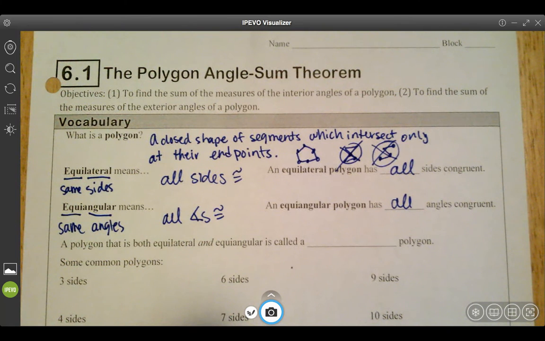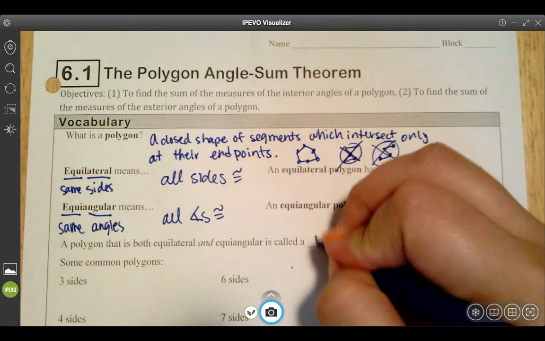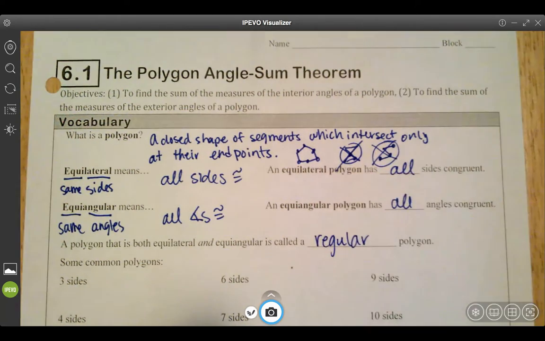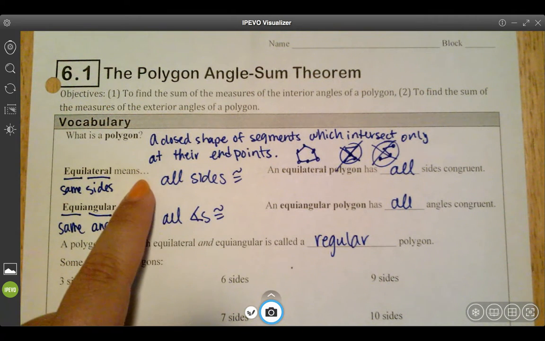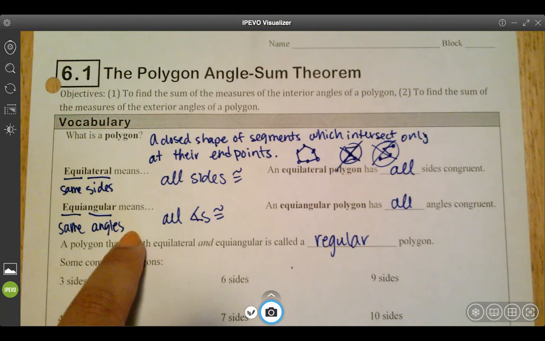That is not the case for polygons with more than 3 sides. But if it is both equilateral and equiangular, then we say that it is a regular polygon. So if I have a 4-sided figure where the sides are all congruent, that would be equilateral. That does not mean that it is also equiangular. If I have a 4-sided figure that is equilateral and equiangular, then I would say it is a regular 4-sided figure, or a regular quadrilateral.